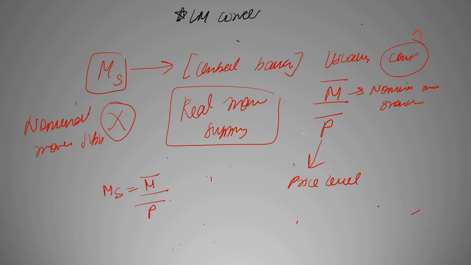Now let's come to our second step, which was to equate MD and MS, and let's see what we get from that. But before going to our second step, let's first see what our money demand schedule looks like.